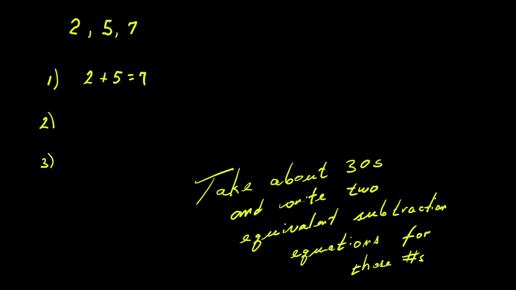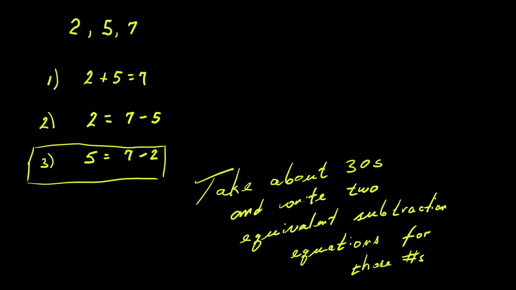Welcome back. The 2 equations that I hope you wrote were these. 2 equals 7 subtract 5, and 5 equals 7 subtract 2. For the remainder of this video, we'll be looking at this third equation. There could have been other equations that you wrote, but this is the one that we'll be looking at.